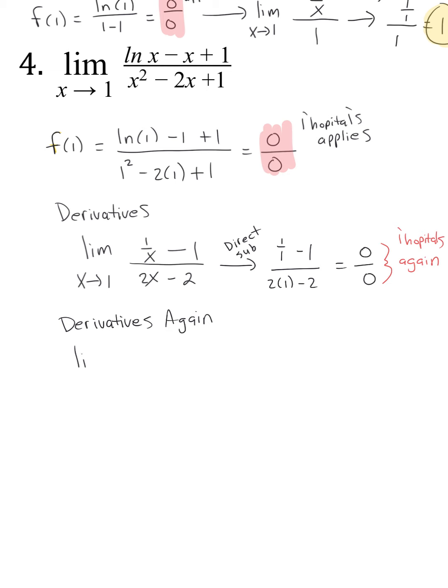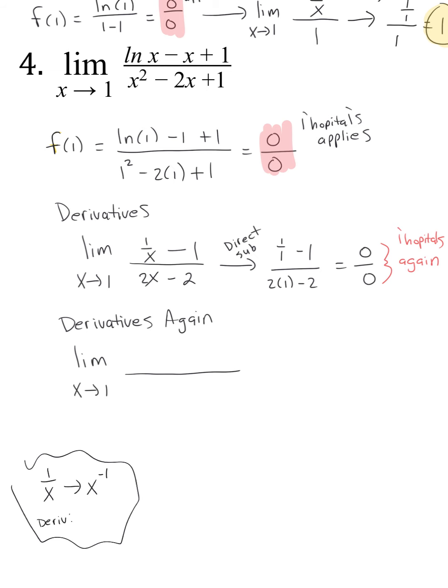So we still have the limit as x approaches 1. On top, in order to take the derivative of 1 over x, let's review. 1 over x is the same as x to the negative 1. So when I take the derivative, I get negative x to the negative 2.